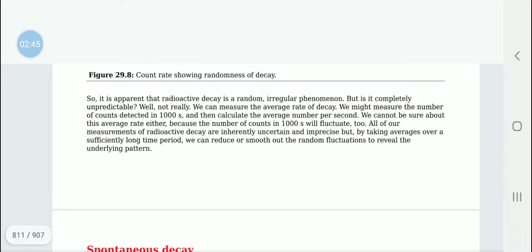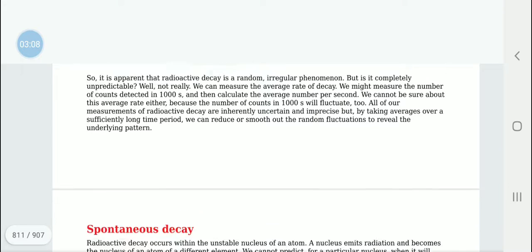If you take a longer period of time and take an average, then you will be able to see a pattern. But still, you will have to repeat the experiment over and over again. Then you will be able to get a brief idea. But still, the next moment, it might not obey the principle that we have developed.